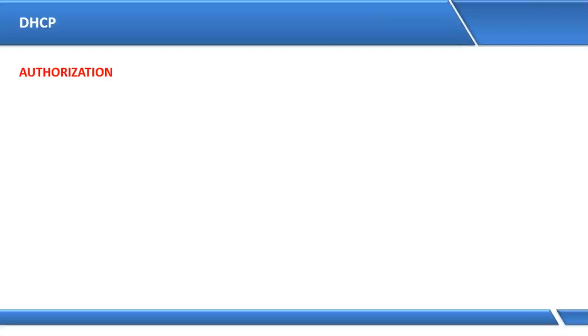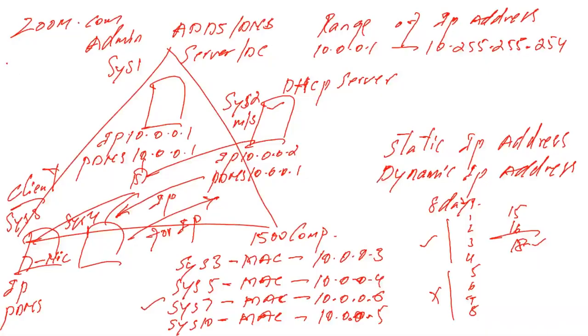But how do we make an authorized DHCP server in our domain model? If I'm installing the DHCP service in the DC, or in a member server, then only is the DHCP server called authorized. Now, what is unauthorized? Unauthorized means if I take one workgroup machine that is not part of my domain, install the DHCP service on it and serve IPs to clients, that is called unauthorized.